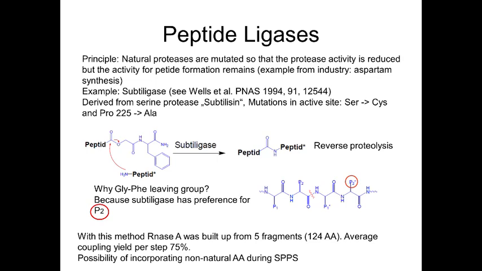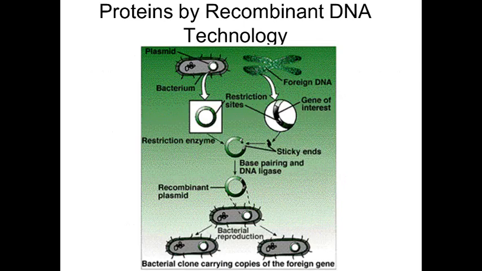Again, when looking at this paper, you can see that a lot of non-natural building blocks and polymer modifications have been introduced in the proteins using the engineered protease, and all the building blocks to make the final protein were again synthesized by solid phase peptide synthesis, allowing the introduction of these modifications.